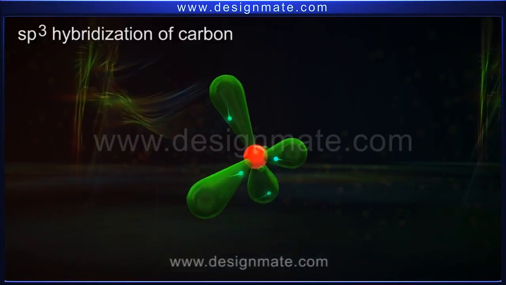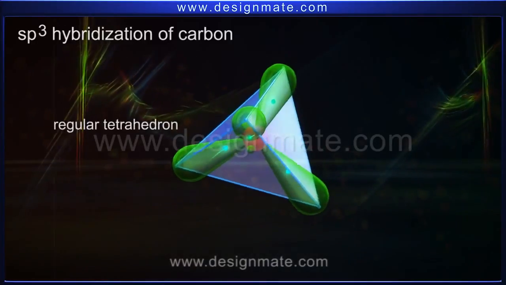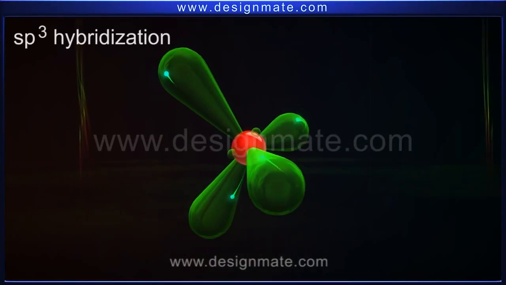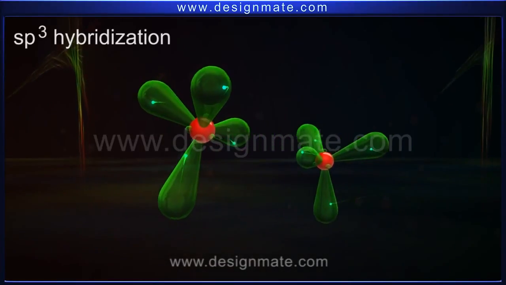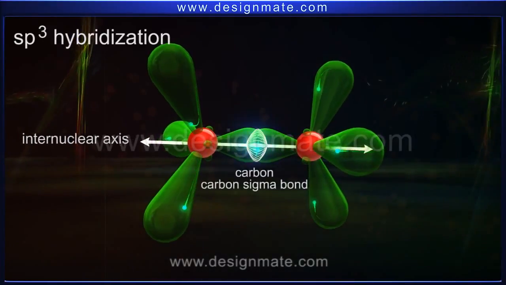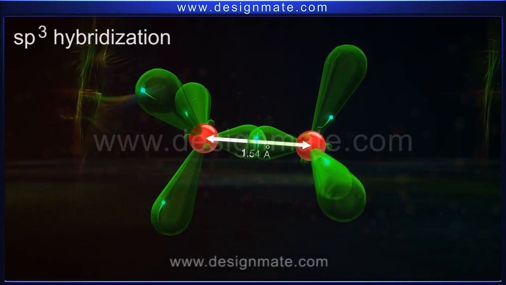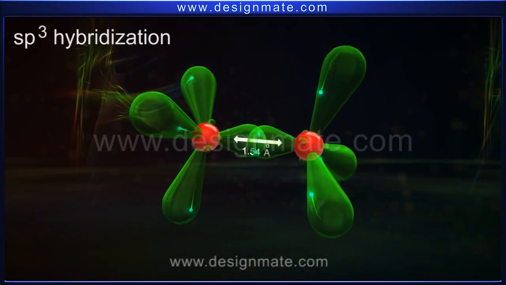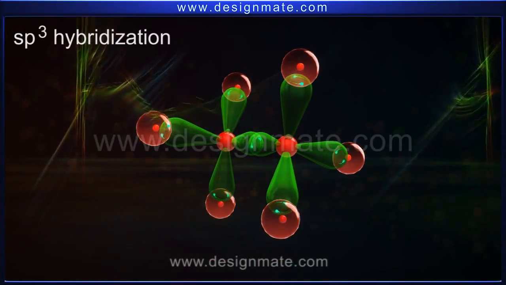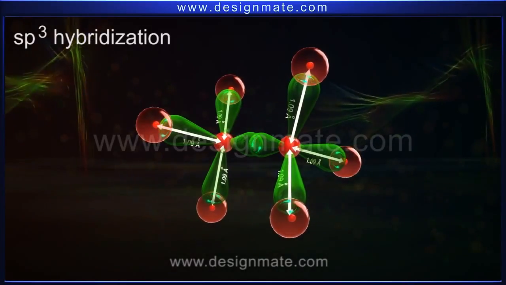As a result, 4 equivalent orbitals called sp3 hybrid orbitals, directed along the 4 corners of a regular tetrahedron, are formed. When 2 such sp3 hybridized carbon atoms approach each other along the internuclear axis and overlap, a carbon-carbon sigma bond with a bond length of 1.54 angstrom is formed. 6 hydrogen atoms now approach and overlap the remaining 6 sp3 hybrid orbitals of both the carbon atoms, forming sigma bonds with bond length of 1.09 angstrom.